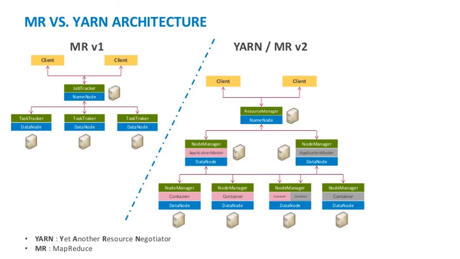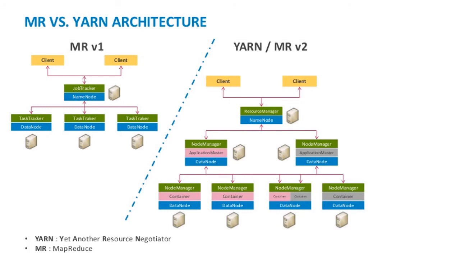Here the client talks to a resource manager, which is most of the time running on the name node, and every data node has a node manager. The data node can be configured to run either an application manager or a container. So already here you see a level of flexibility that you don't have in MapReduce 1.